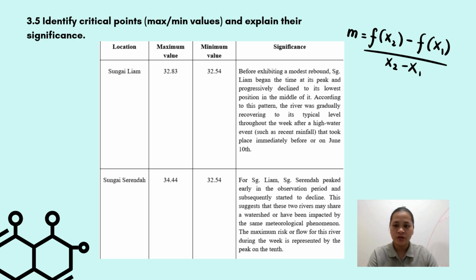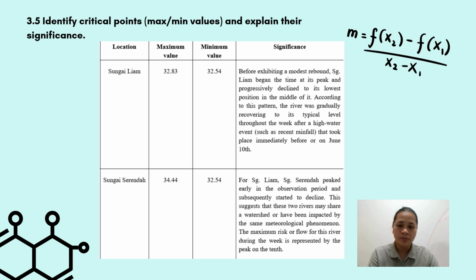Okay, in this slide, I would like to explain how to identify the critical points, maximum and minimum values, and explain their significance. First, for the location at Sungai Liam, the maximum value is 32.83, while the minimum is 32.54.